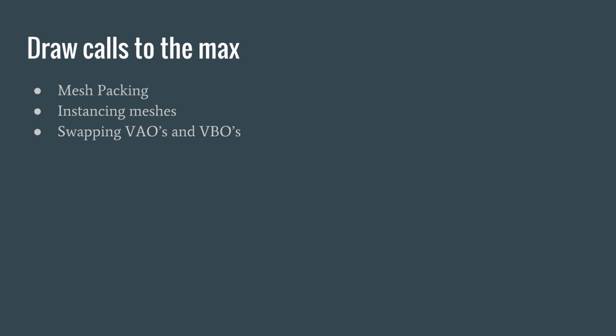Draw calls to the max. When we're talking about these vertex buffers, you can add all of the meshes into one vertex buffer. So if you had a cube and a sphere over here and some prism thing, whatever, you could add all of these into one contiguous vertex buffer and one contiguous index buffer.